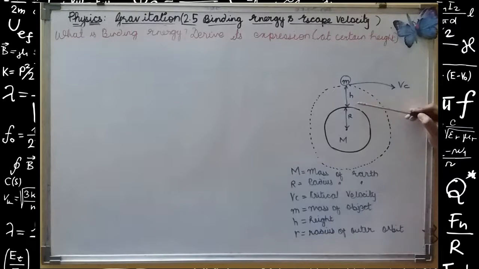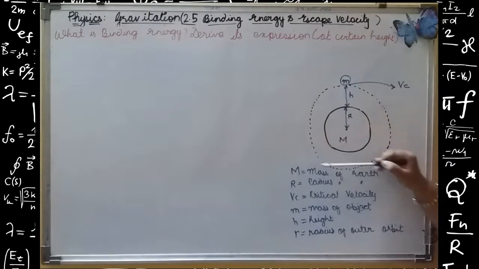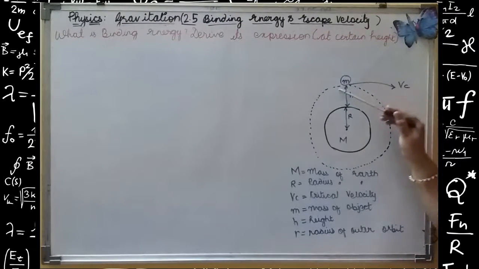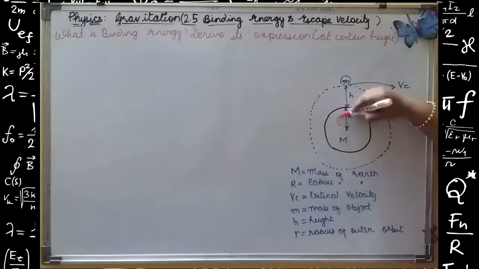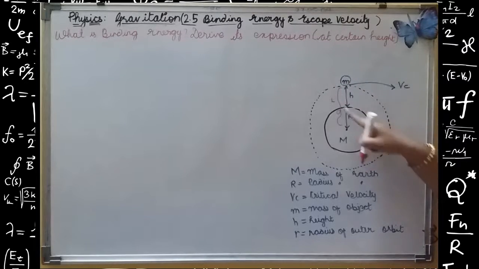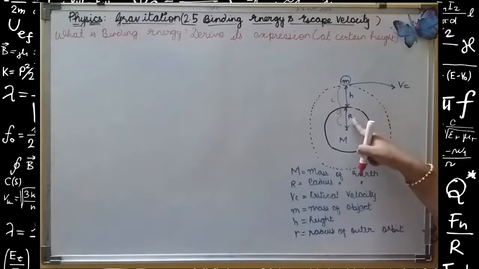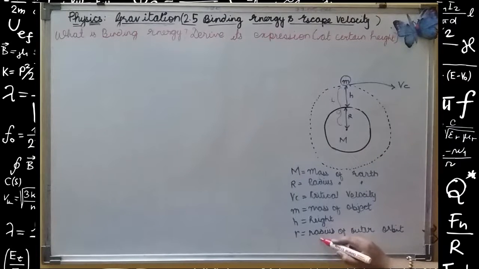Now, when the object having certain mass m is located at a certain height h, this is the outer orbit which the satellite or the object will follow, and Vc is the critical velocity. What would be the radius of the outer orbit? Since this is a circle as well, it would be small r, that means r is equal to capital R plus h. So we will write it down here.